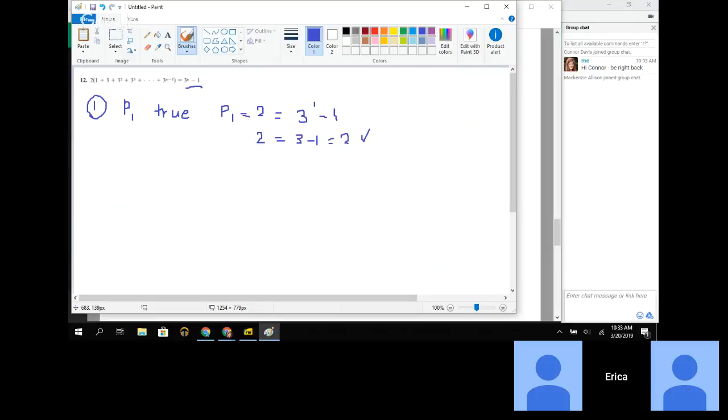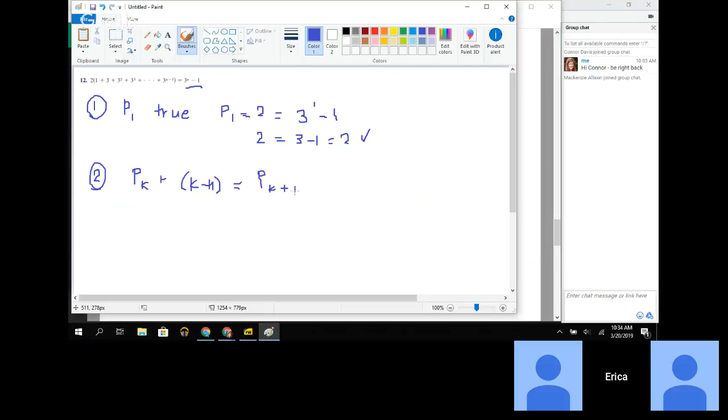The second part is that we have to show that basically P sub k plus the next term in your sequence, which is k plus 1, I'm kind of loosely writing this, equals P sub k plus 1. We basically have to show that if we add up all the stuff and then add the next term on, then that equals the new sequence.